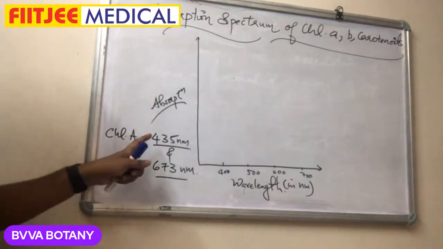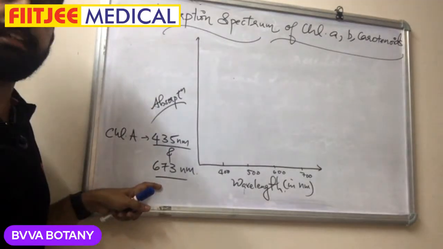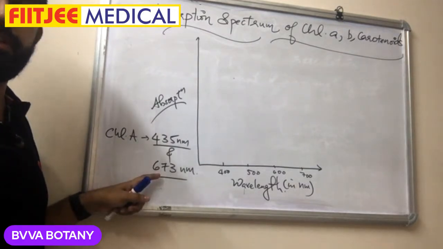So 435 is in the blue region and 673 is in the red region. Maximum absorption is shown at these.